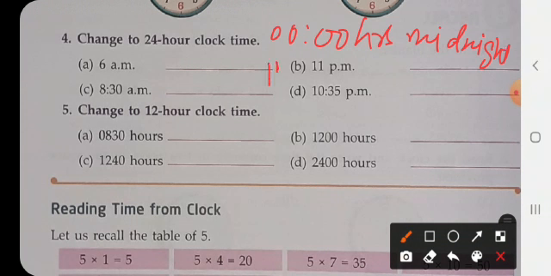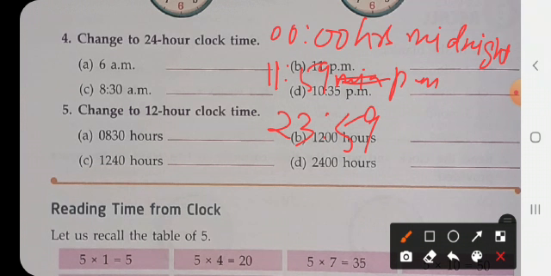That night, 11 hours 59 minutes p.m. is the time. So this is how we calculate. This 11:59 is not written as 11:59, it is 23 hours 59 minutes. And then comes the 24th hour, which is the 0th hour.